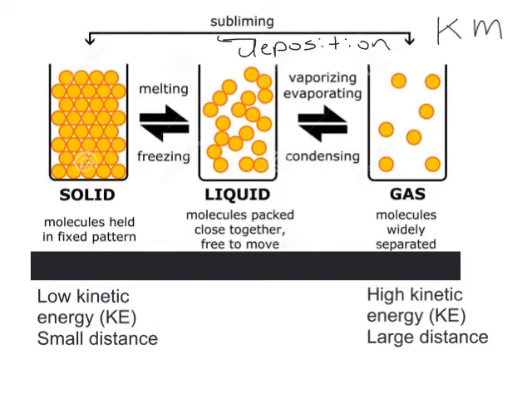This is why liquids don't have definite shape, but they're still close enough together that they have a definite volume. You pour a liquid into a different container, it takes on a new shape, but the volume is still the same. In a gas, though, they have such high kinetic energy, and they're separated by such large distances. They can completely fill up any volume, and they're completely free to move around.